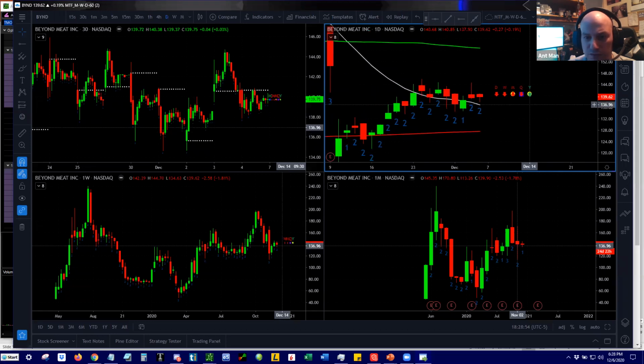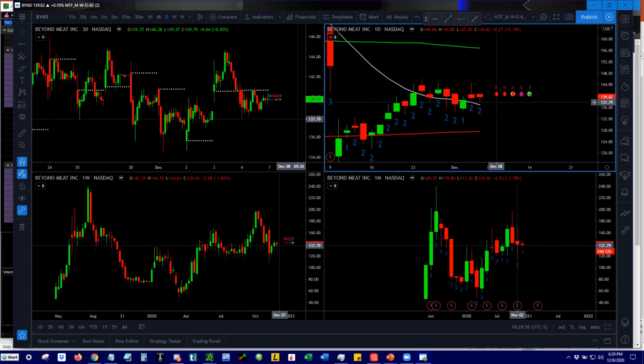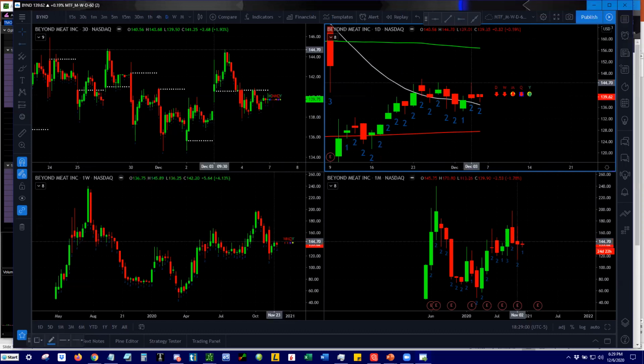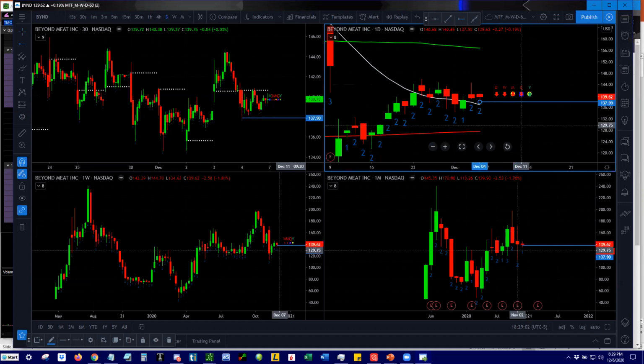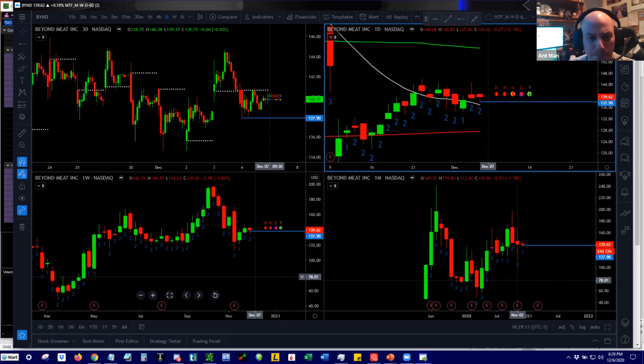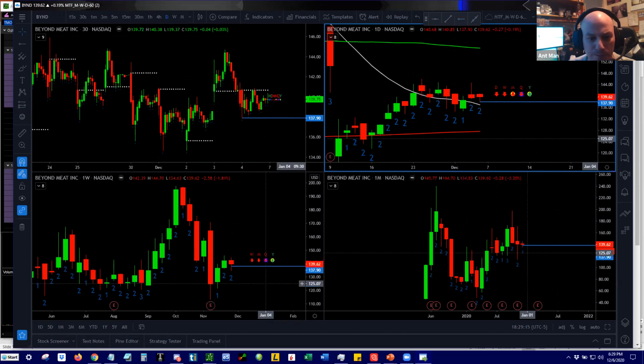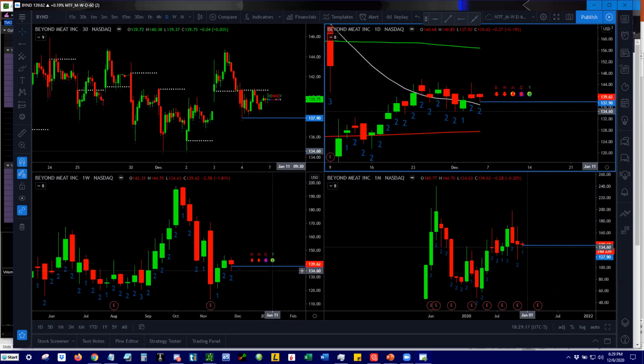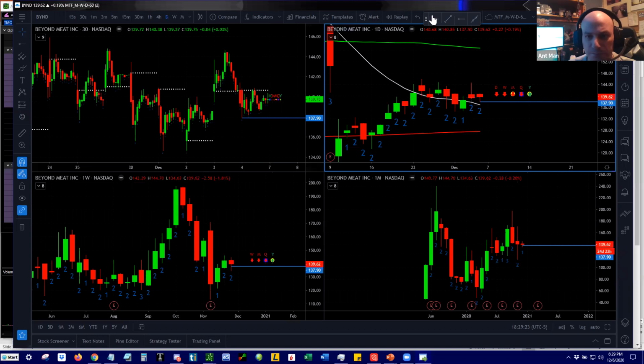So given the continuity, you want to go look for a downside trade on it. So below 137.90, and our target is 134 initially. Yeah, I'm going 134.60 from the weekly.